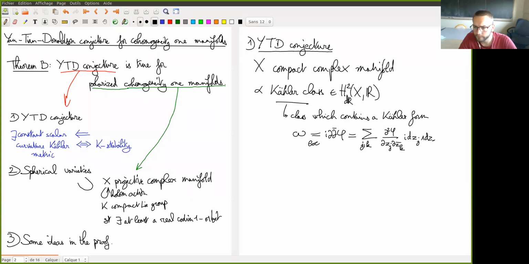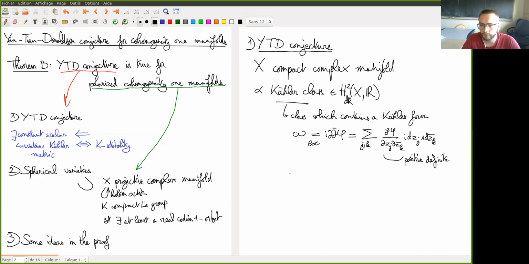So the expression involves complex data, but in the end, it's really a real two-form. And so that's just one way to define a two-form, which writes in a particular way, but the Kähler assumption includes as well the assumption that this Hermitian matrix is positive definite at all points.